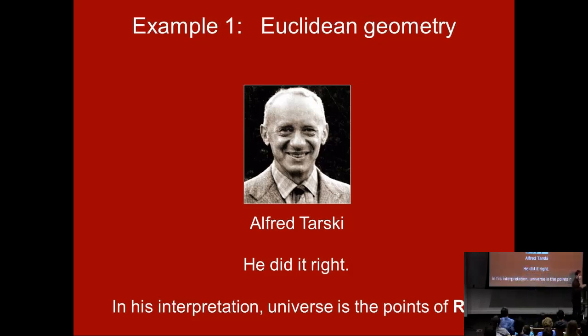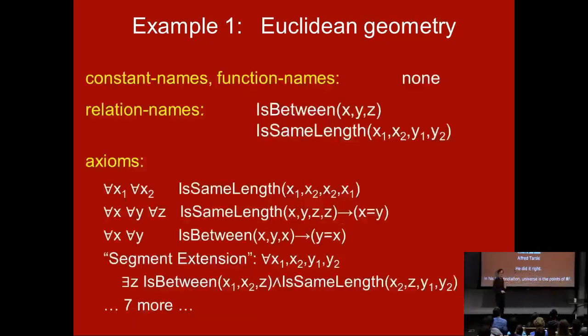So I'm going to tell you his axioms and the interpretation he had in mind. In his interpretation, the universe was points in the plane. And he said, this is my vocabulary. I don't need constants or function names. I'm going to have 2 relations, is between and is same length. This one is supposed to mean that y is between the line segment xz.